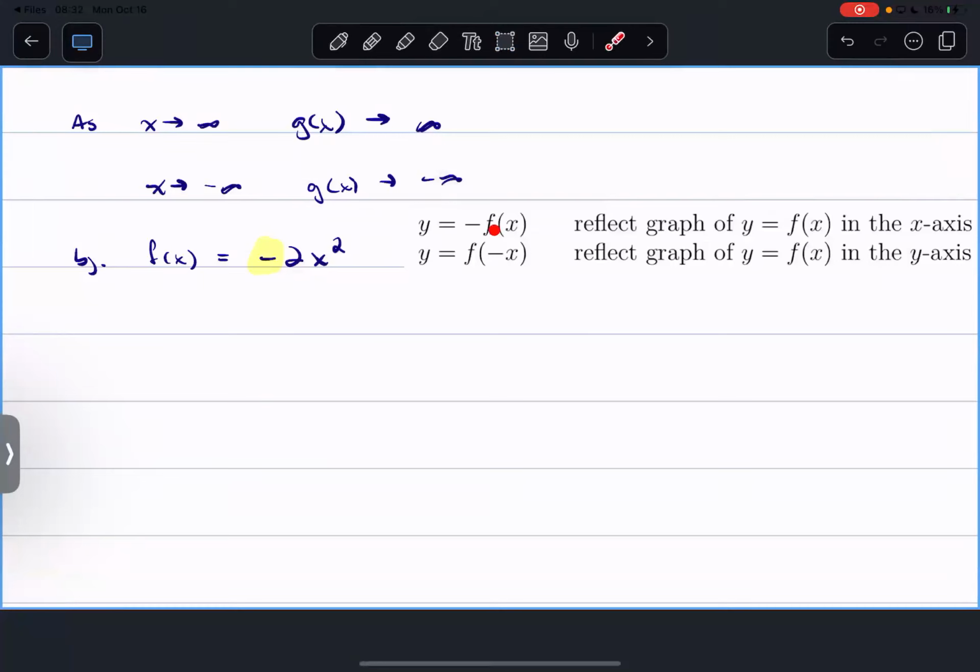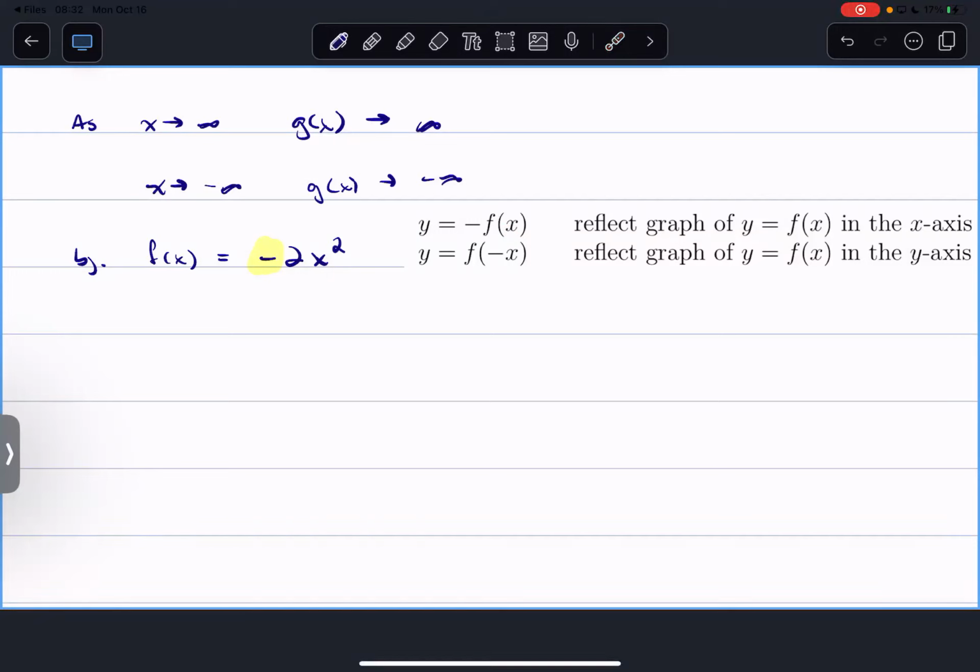In terms of identifying which one of these you should be using, yes, the negative is kind of on the x a little bit, but not really. It's on the f of x. Why? Because I could divide this over and multiply it over, right? And then I would have negative f of x is 2x squared. What would it look like if I had a negative x instead?